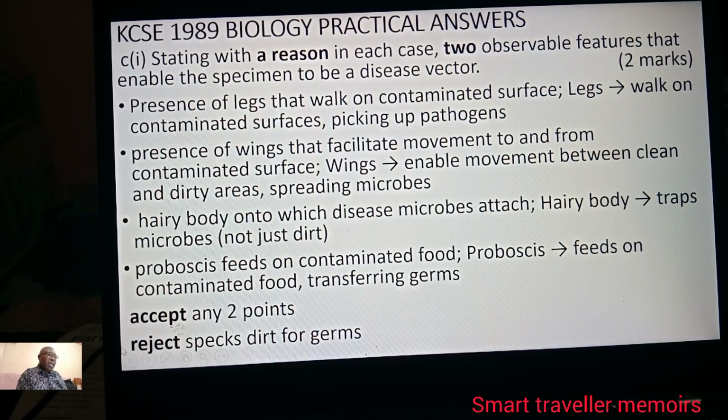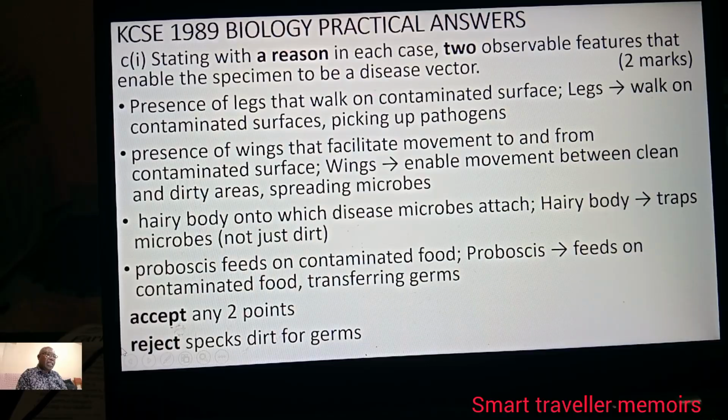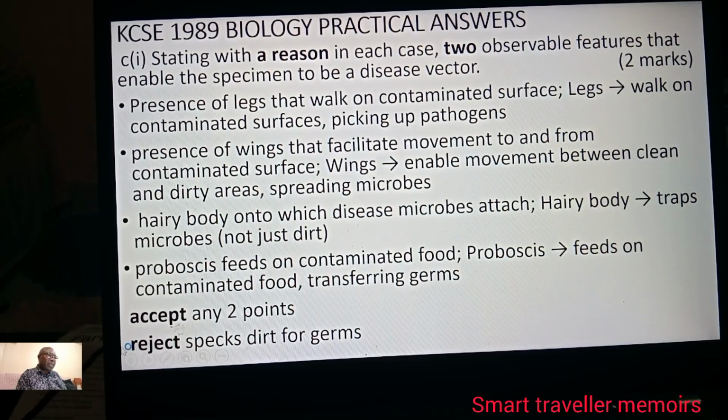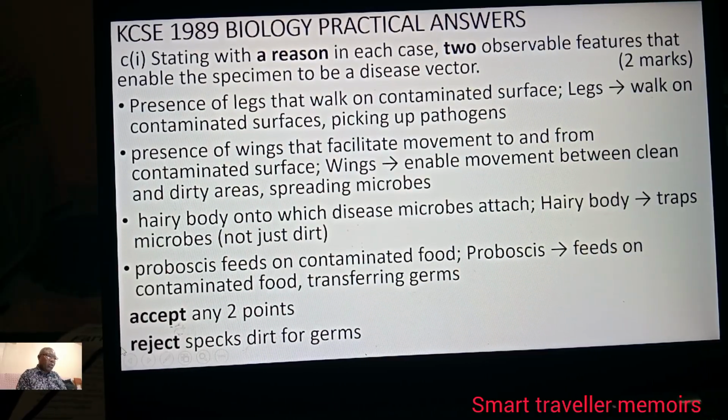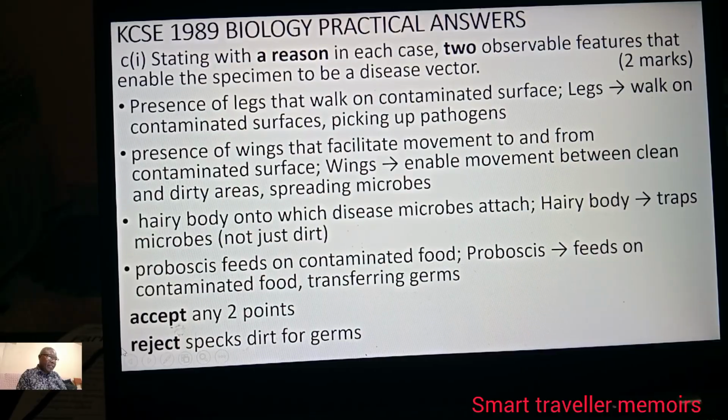Question 3c, Roman 1. Stating with a reason, in each case, 2 observable features that enable the specimen to be a disease vector. 2 marks. The first observable feature is presence of legs that walk on contaminated surface, and we can even put it like legs walk on contaminated surfaces, picking up pathogens.